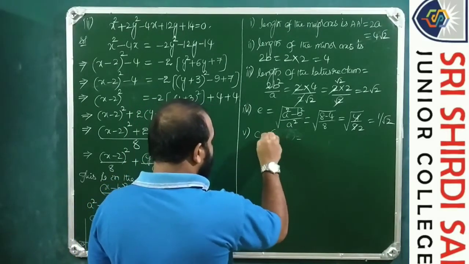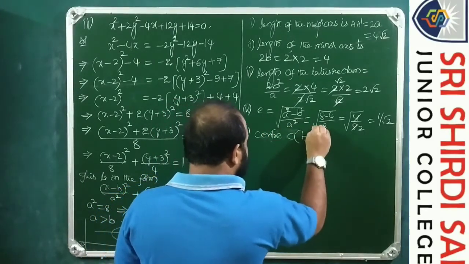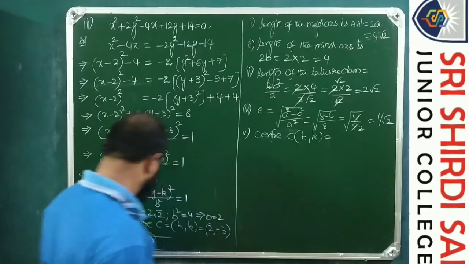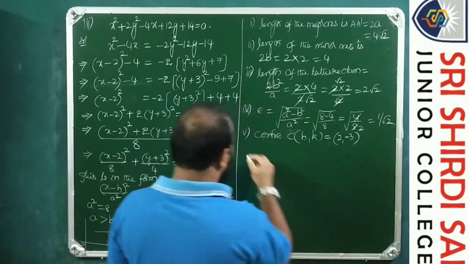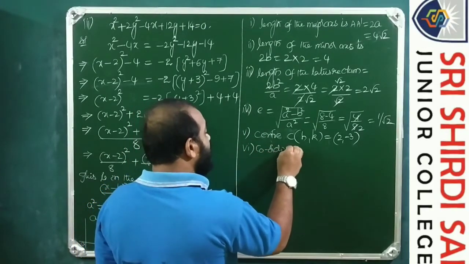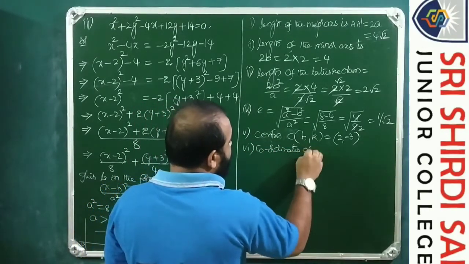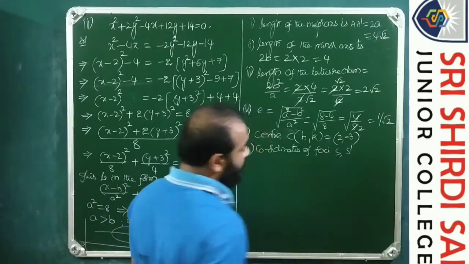And center we have already written, h comma k, which is equal to 2 comma minus 3. Coordinates of foci S comma S dash.